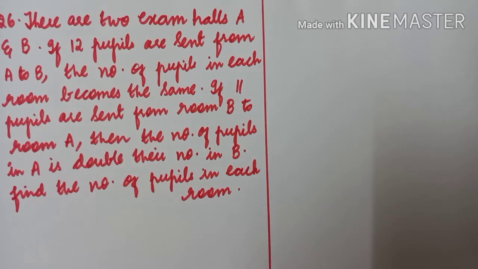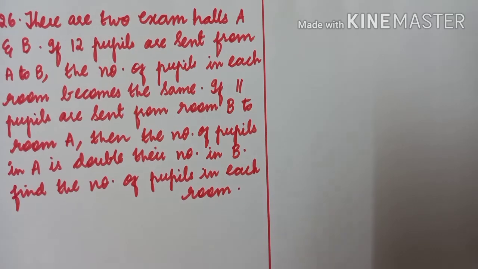If from A it is being subtracted, then to B it is being added. So actually we don't know the number of students in exam halls A and B. So first of all we will assume the number of people in examination hall A be x, and the number of people in examination hall B be y.